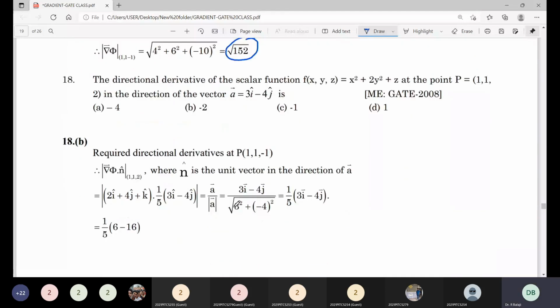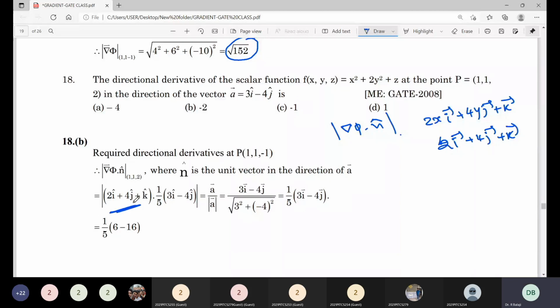The directional derivative is del phi dot n cap. Del phi is 2x i vector plus 4y j vector plus k vector. Now substitute the point (1, 1, 2): 2i vector plus 4j vector plus k vector.